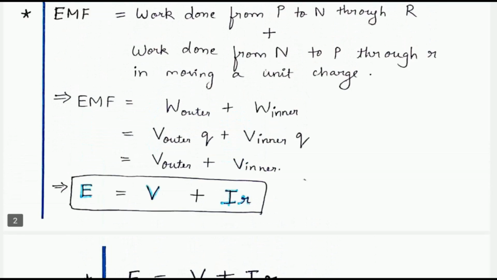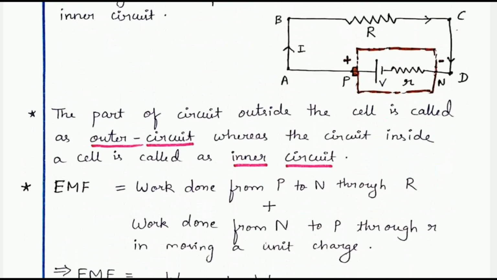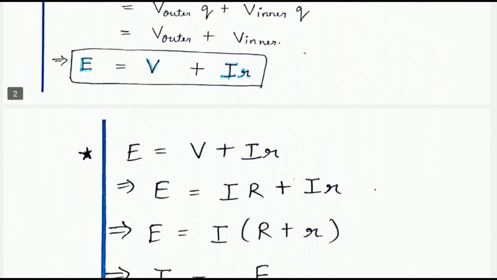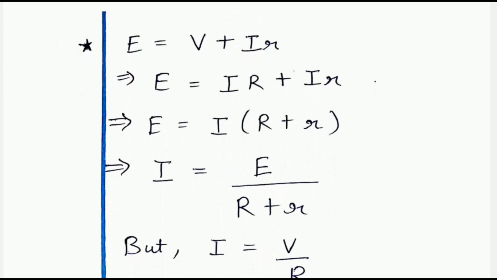Now if we apply Ohm's law in this diagram, V is the terminal potential difference, that is, the potential difference of the outer circuit. Using Ohm's law, V outer will be I into the resistance of the outer circuit, which is capital R. So V will be I into capital R. If we substitute that in this formula, we get E = I R + I r.